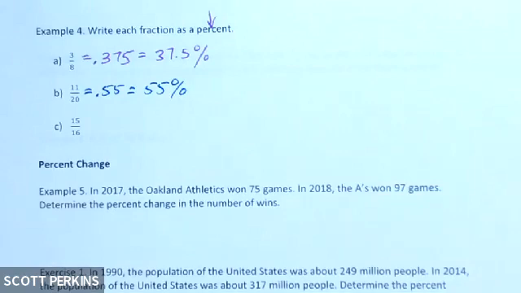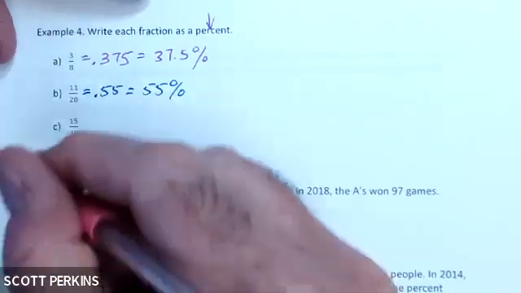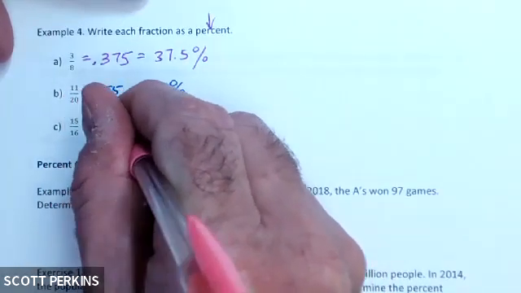One more, 15 over 16. Please make that into a percent. So in your calculator, 15 over 16 is 0.9375.